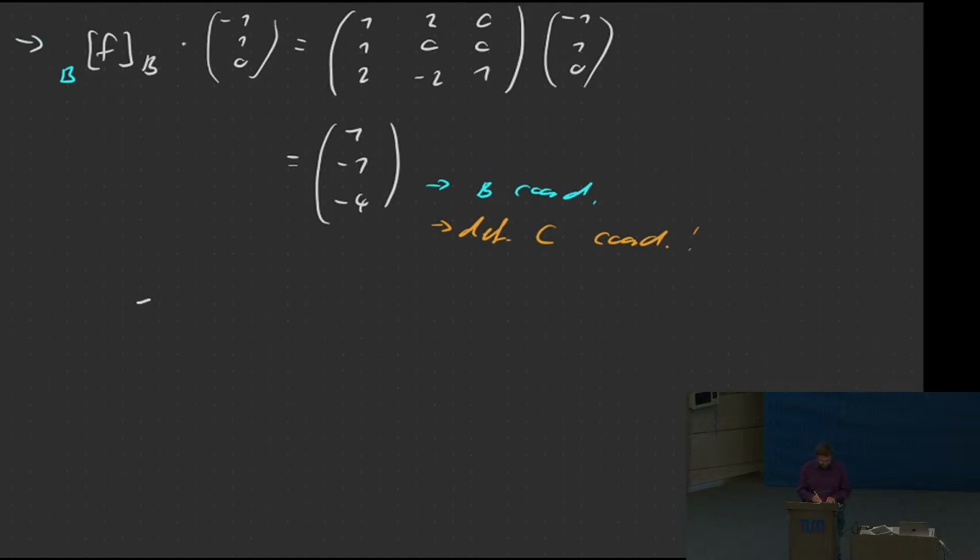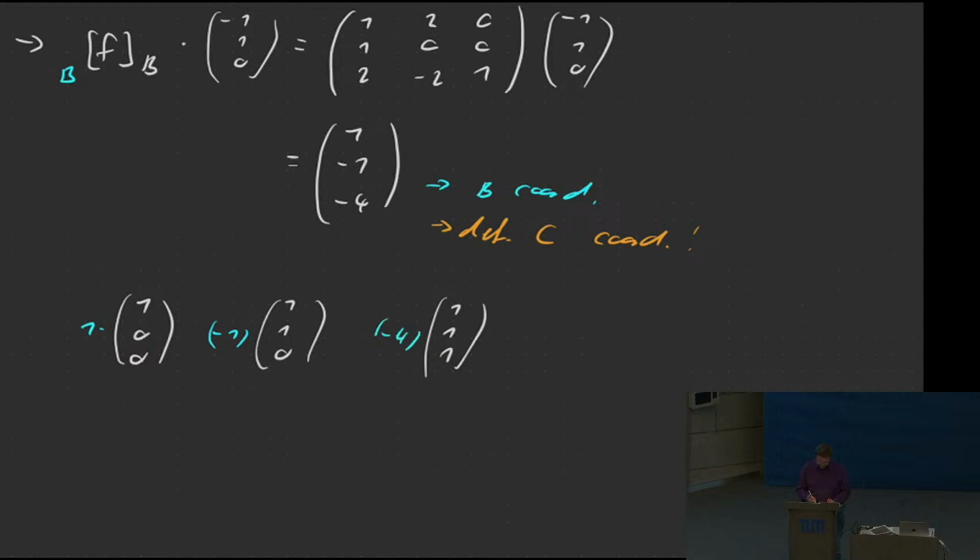Well, we know the basis is B, right? This is (1, 0, 0), (1, 1, 0), (1, 1, 1). And those B coordinates are interpreted as coefficients for those vectors. So this is 1 times this, -1 times this, and -4 times this, and we just add that up. So what we get is, let's see, 1 minus 1 is 0, -4.